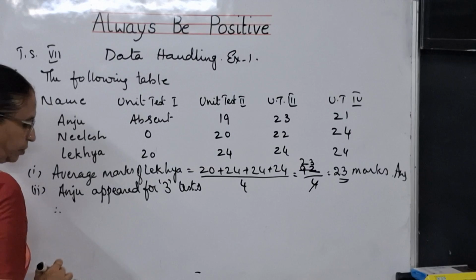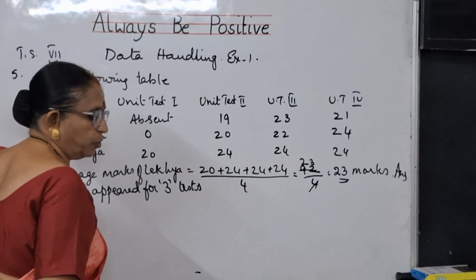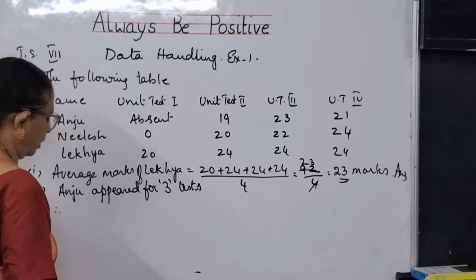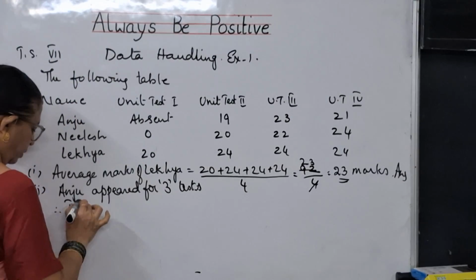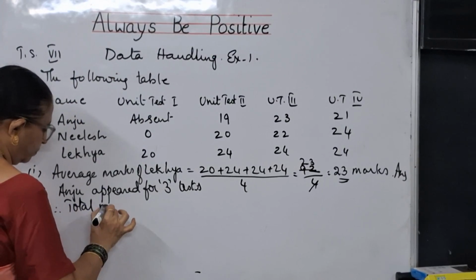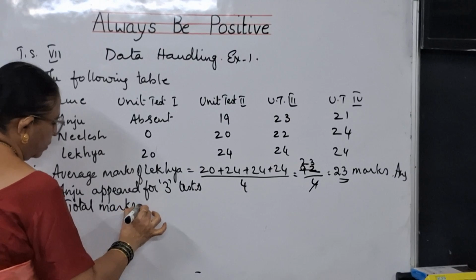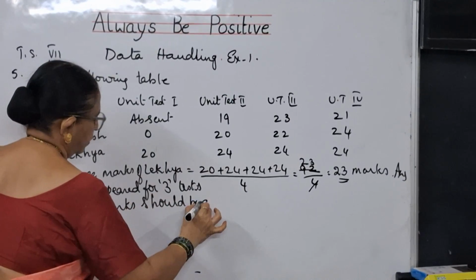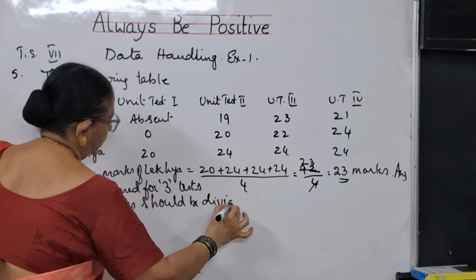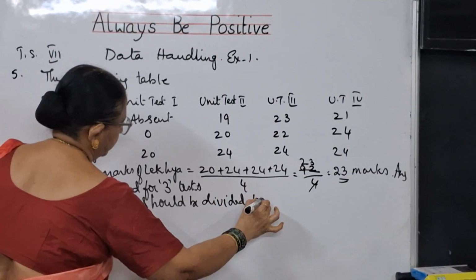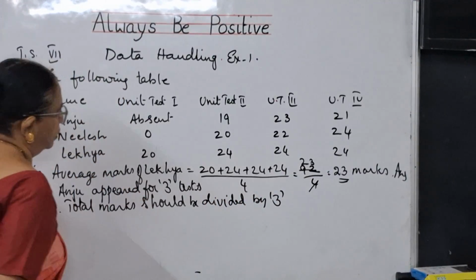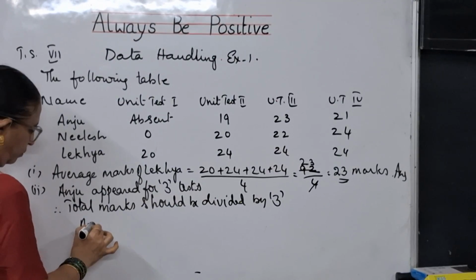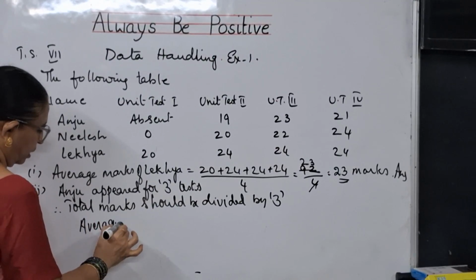Therefore, what is the question? Total marks, will you divide total marks by 3 or 4? Total marks should be divided by 3. Okay. So, what is the average? You need to find out average.